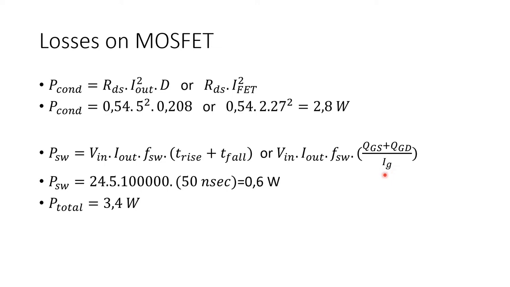This also gives the rise and fall time of the MOSFET, but since we do not know the gate current, it's easier to use the rise and fall time in our case. But if you are implementing it with a specified gate current, this can give more accurate switching loss results. After inserting the required parameters, we have found that the switching loss is around 0.6 watts. That results in a total power loss of 3.4 watts.